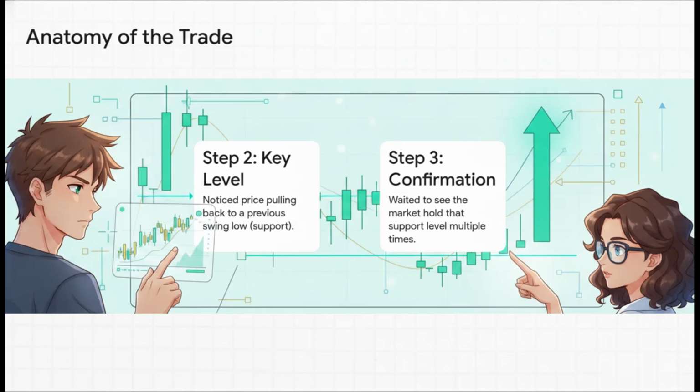First, direction. The chart was in a clear uptrend. Second, key level. He spotted a previous low that was a natural spot for support. And third, confirmation. He was patient, he waited, and he watched the chart prove that buyers were actually stepping in to defend that level. It was only when all 3 of those things lined up that he executed the trade.